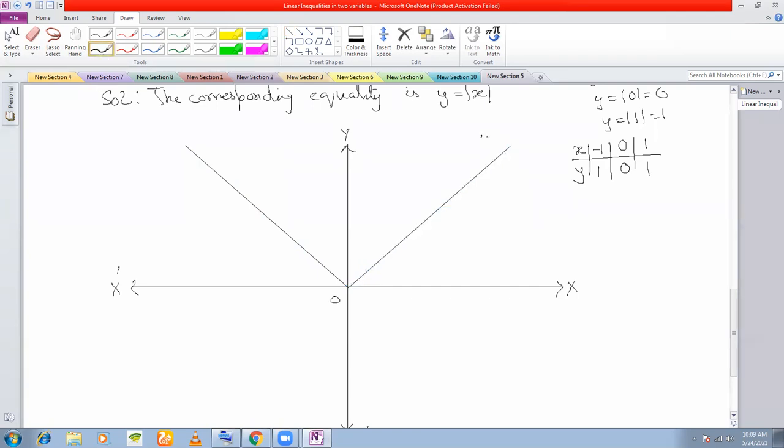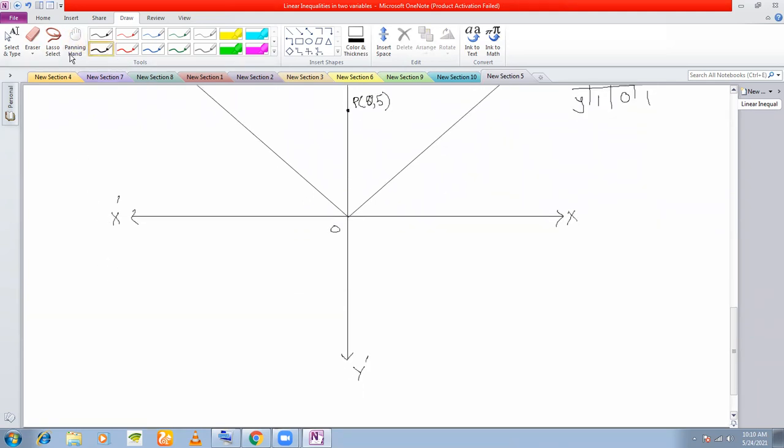So the equation here is y is equal to mod x, right? So now you see that again there are two sides, this side and this side. So you take any particular point on any side you want. This time let us take the point on this side, which is, let's say, (0, 5).